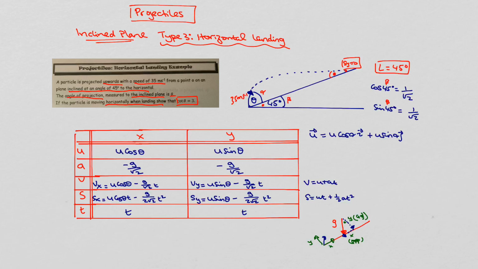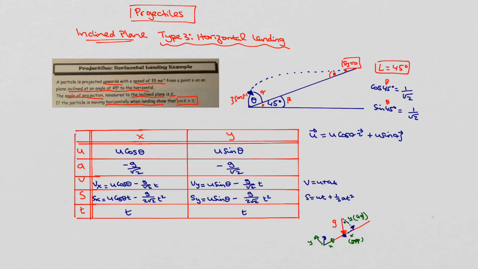Okay. All right, so how are we going to use this table? Well, we know that our information is when it is landing, that Sy is equal to 0, and that's going to allow us to work out our time of flight. So what was Sy?